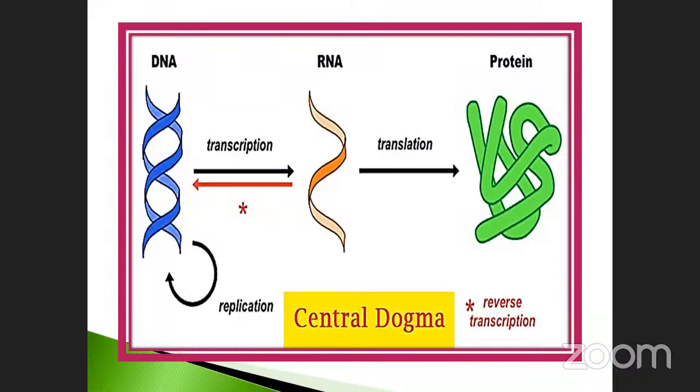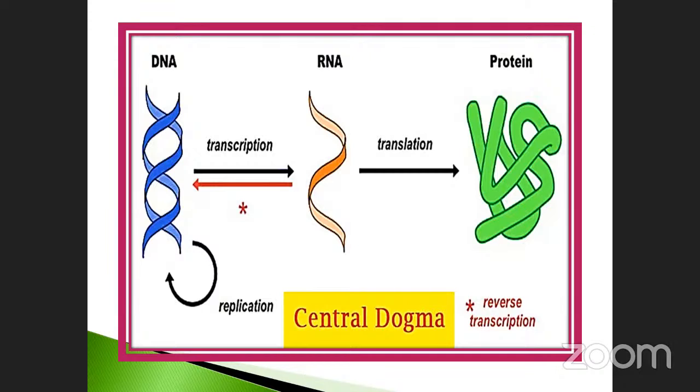We will see the next part. So from RNA you will get the protein molecule. This is called translation. This is very, very important, my dear students. So this is collectively called the central dogma theory. So don't forget.